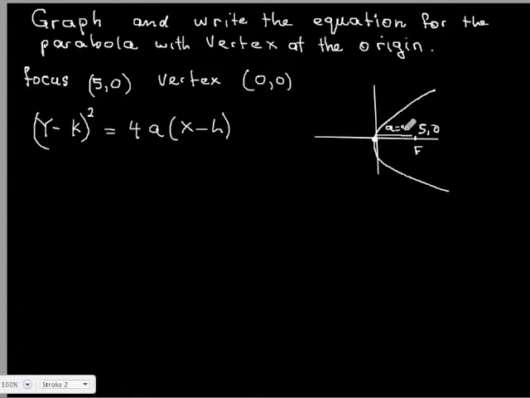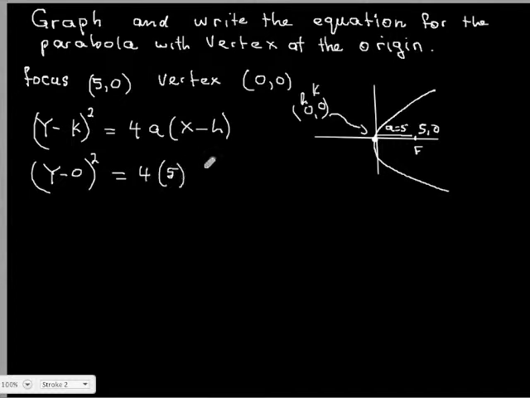That's a equals 5. So we can simply go ahead and replace. The vertex, as you know, is 0, 0. So h is 0 and k is 0. So y minus 0 squared is equal to 4 times 5 times x minus 0. Simplify this, you will get y squared is equal to 20x.